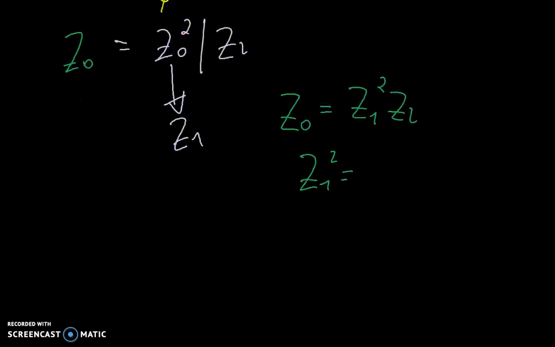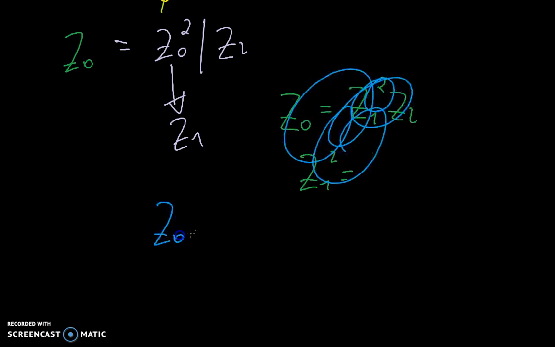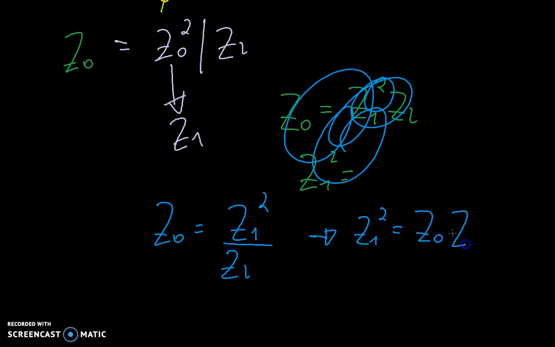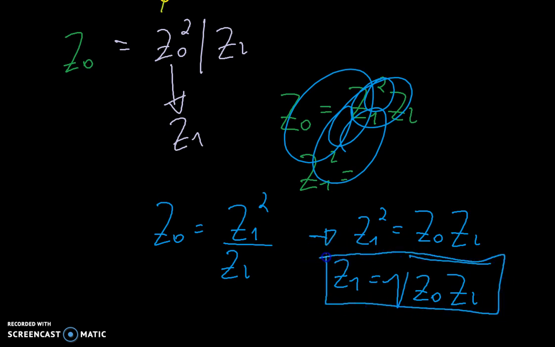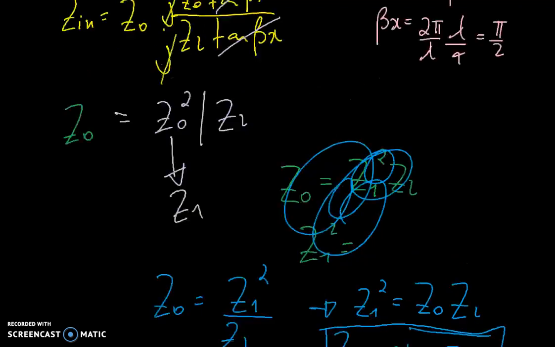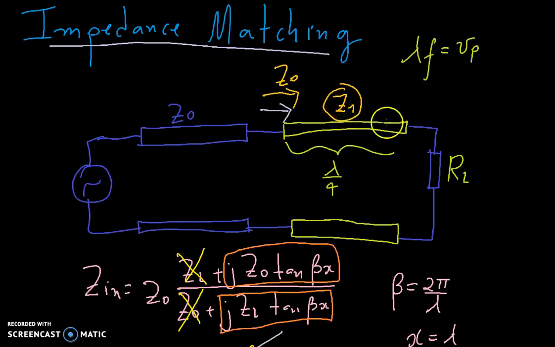I apologize, this formula here is actually Z0 is equal to Z1 squared divided by ZL, not times ZL. So this means that Z1 squared is equal to Z0 times ZL, and so Z1 is equal to the square root of Z0 times ZL. So this is the characteristic impedance that we need this line here to have, so that the impedance is matched.